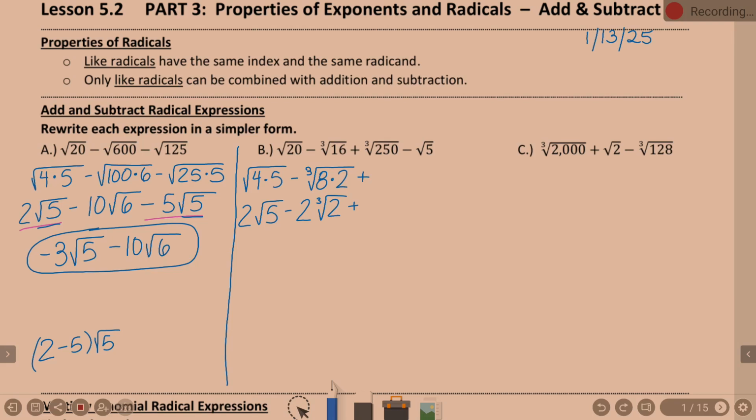Does it divide by any of those? Divides by 125, doesn't it? And remember, that's just putting it in the calculator. Do you get a nice whole number out? If so, it divides by it. So cube root of 250, I'm going to say it's 125 times how many? There's 2 of them.